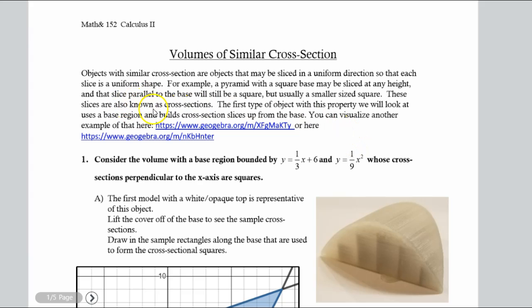That's the idea behind these cross sections: I can slice an object and every cross section looks the same in terms of shape, but the scale may be different. So maybe some bigger, some smaller, but they're basically all the same type of shape, either a square or a circle or a rectangle that's equivalent, that type of stuff.